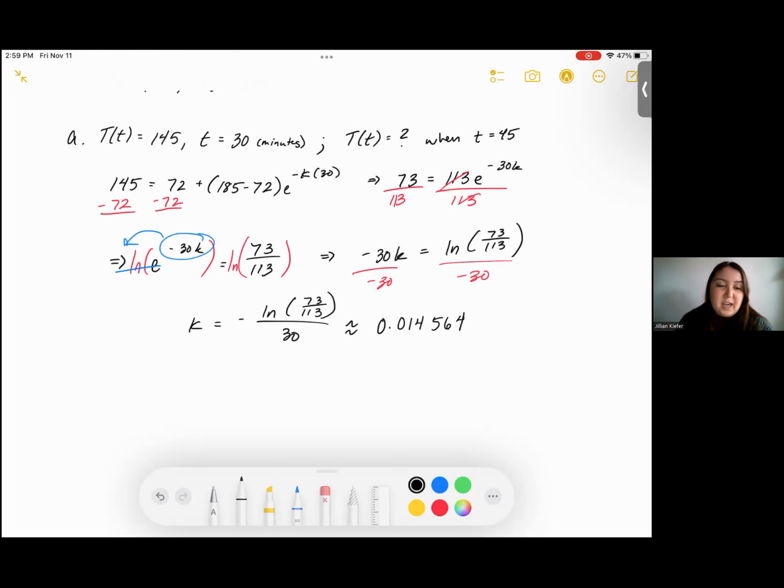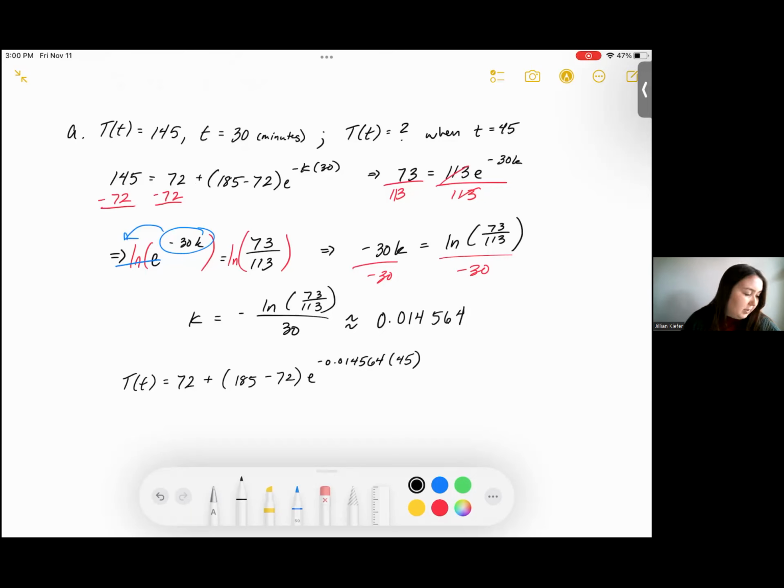So now we know the value of k, we know our constant value, so we can go ahead and use that in our equation. So we plug everything back into the original equation, which is T of t is equal to the temperature of the surroundings, 72 degrees, plus the initial temperature minus the temperature of the surroundings, times e to the power of negative kt, so negative 0.014564 times t, which is 45.